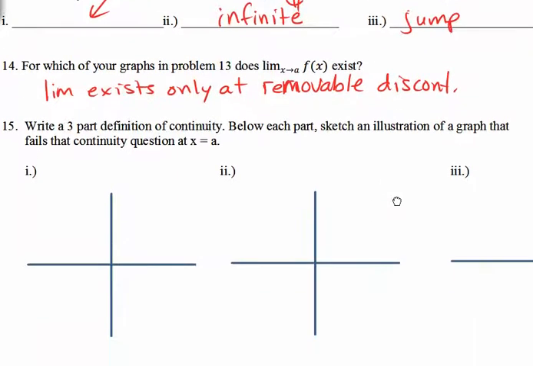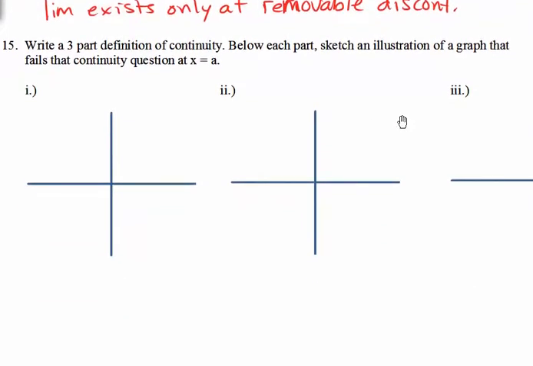All right, the 3-part definition of continuity. Below each, sketch an illustration of a graph that fails that. Well, first, we want to say at x equals a, f must be defined at a.